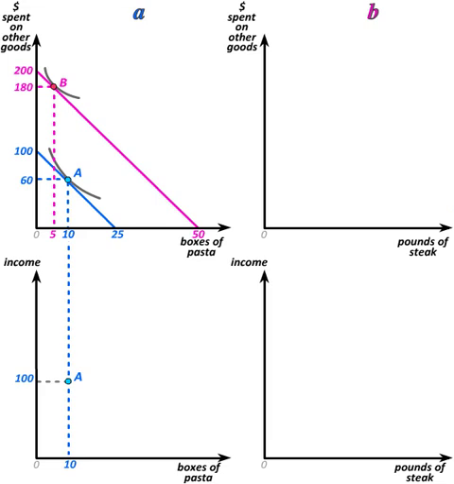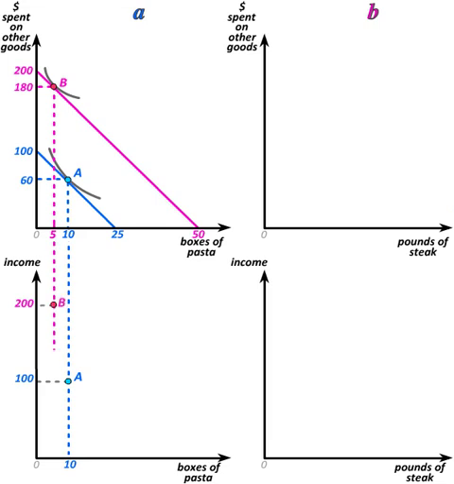Therefore, bundle A on the lower panel will occur at a vertical height of 100. At bundle A in the top panel, we're consuming 10 boxes of pasta. Therefore, bundle A on the lower panel will also show 10 boxes of pasta. We can then read bundle A on the lower panel as saying that at an income level of $100, holding all else fixed, we decided to consume 10 boxes of pasta per week.